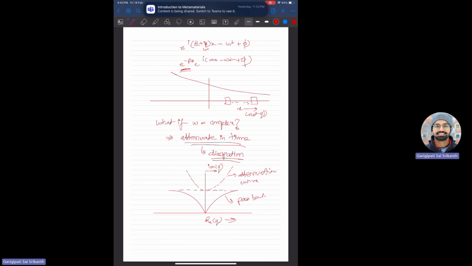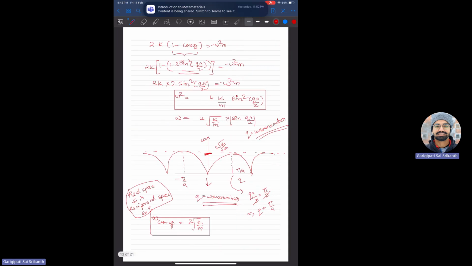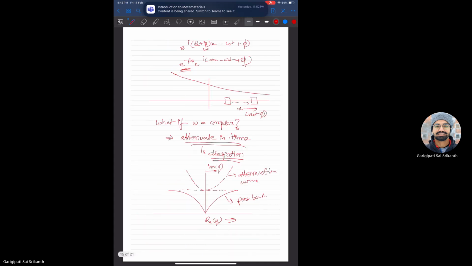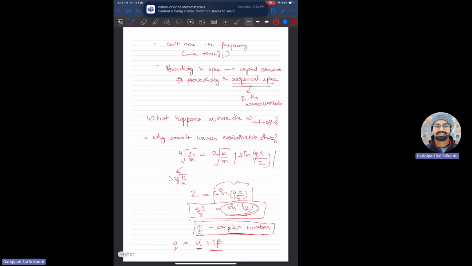So what really happens is in this band gap region, so we call this band gaps. This is a pass band. Everything above it or even below it, you can call it band gap, because sustainable propagating waves cannot be there. So in the band gap region, we have complex wave numbers.